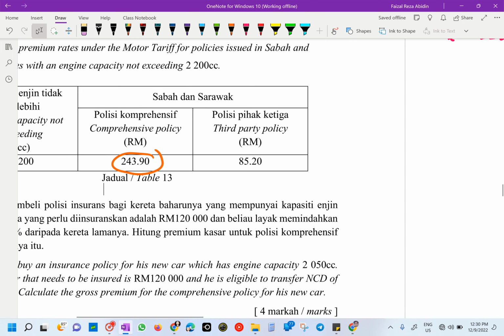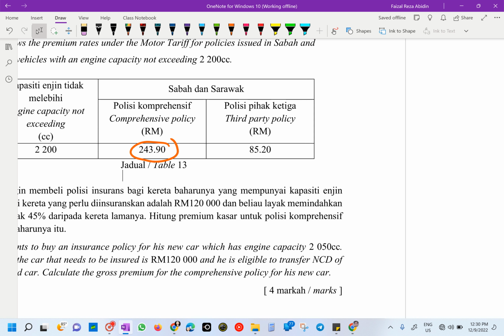Okay? So, what you are going to have first is going to be 1,000. You are going to get RM243.90 for the first RM1,000 here. And the rest over there, so means that you are going to have from 120,000 minus 1,000, you are going to get 119,000.